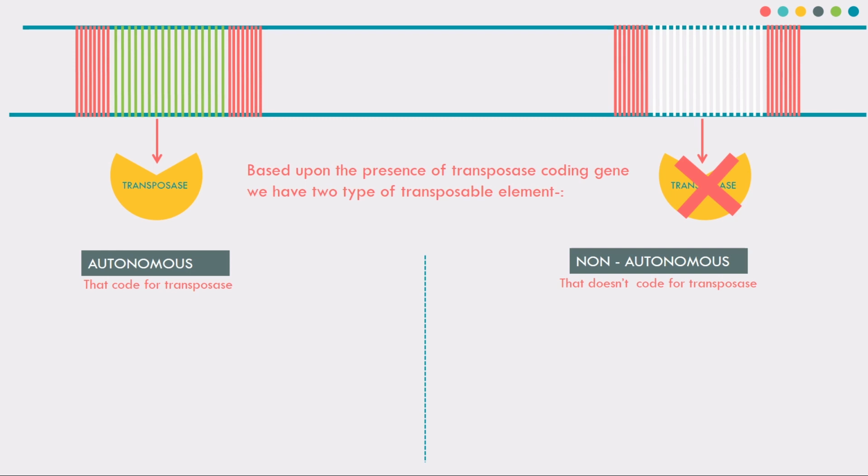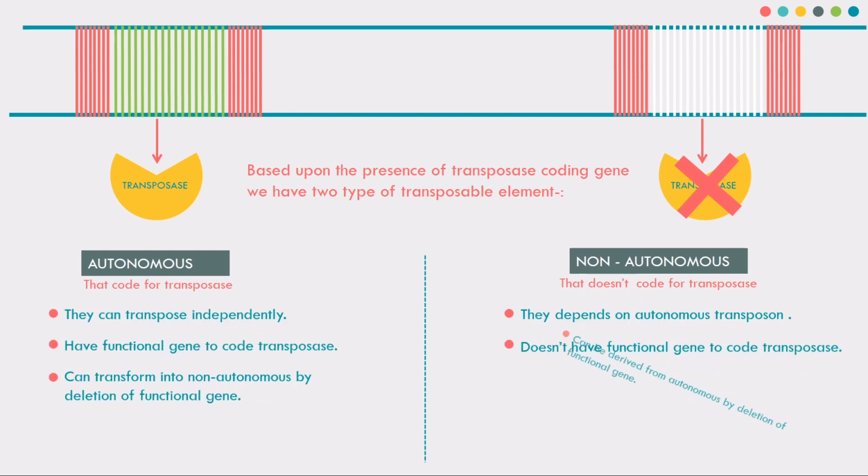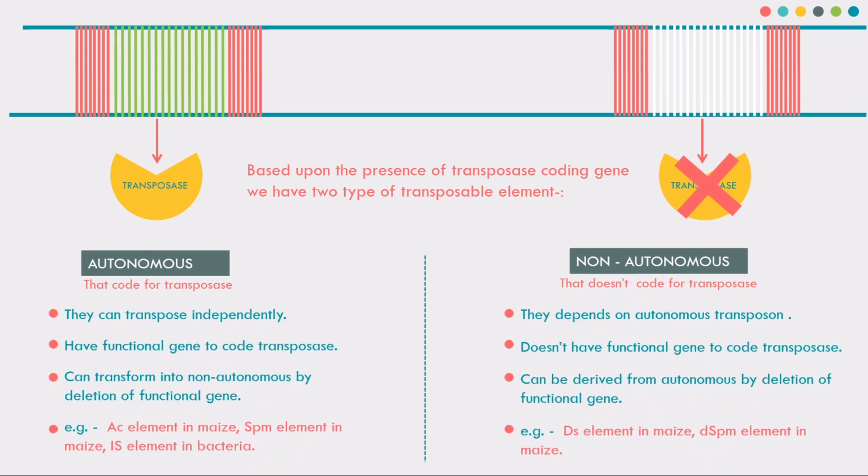The basic differences between autonomous and non-autonomous elements are these. Autonomous elements can transpose independently, however non-autonomous elements depend upon autonomous transposons. The autonomous have a functional gene to code transposase, however non-autonomous do not.